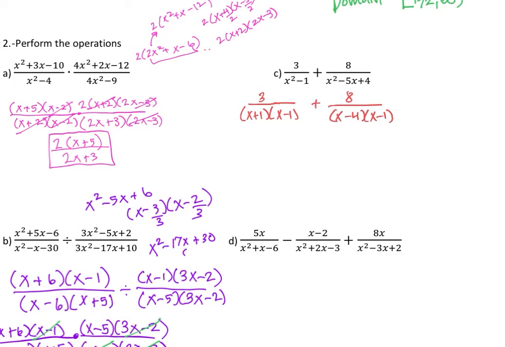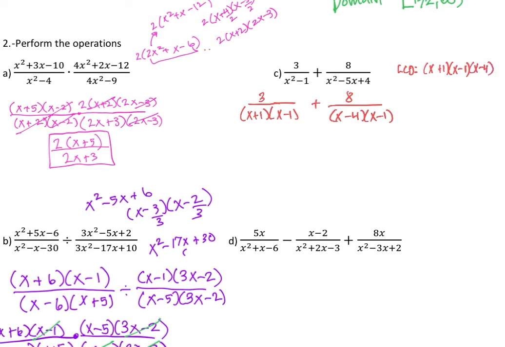Okay, so once we factor, we need to find the LCD. The LCD is just all the factors that my denominators have. So my first fraction, I have the factors of x plus 1, x minus 1. So those are factors included in the LCD. And then on my second fraction, I have an x minus 4.